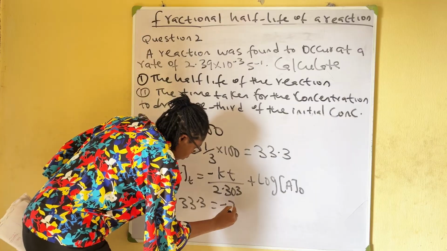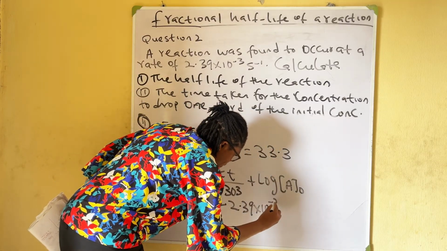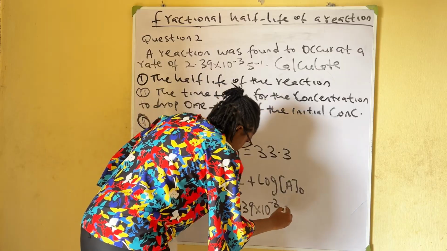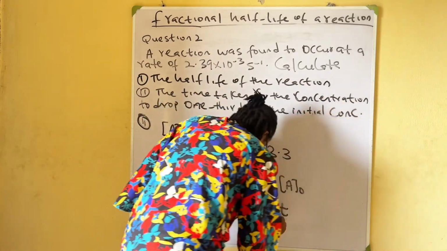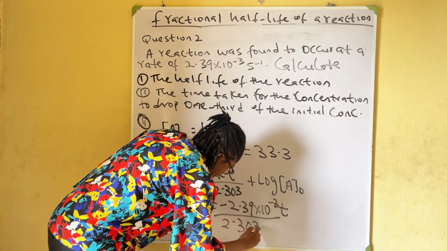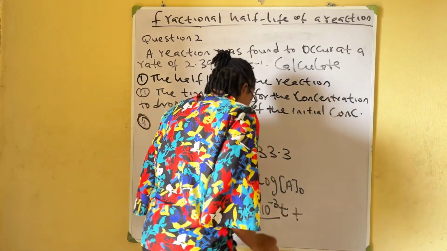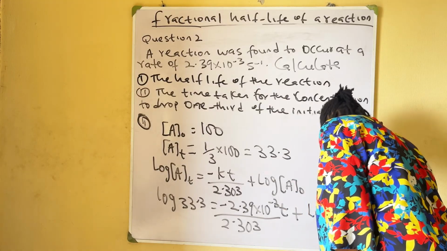K is 2.39 times 10 raised to the power minus 3 T, all over 2.303, plus log of initial concentration, log 100.